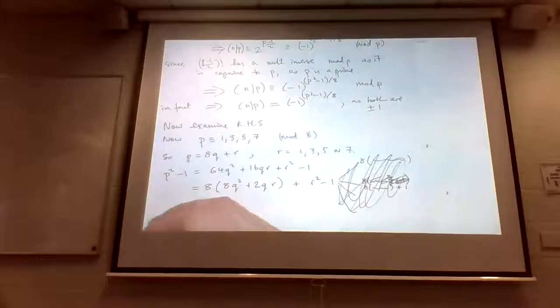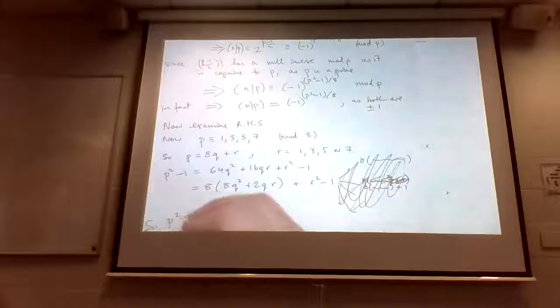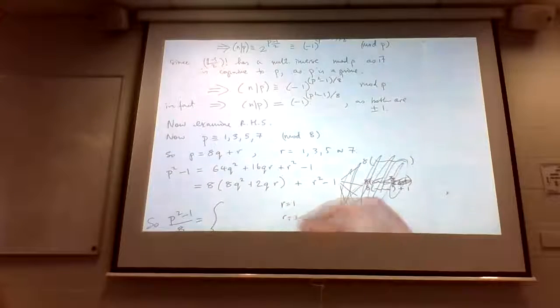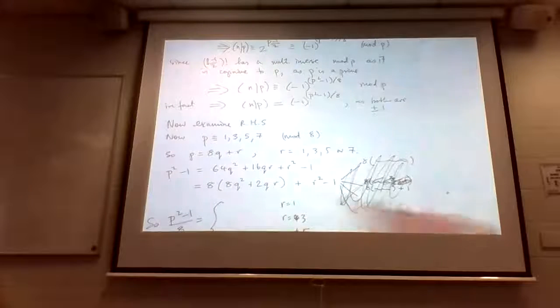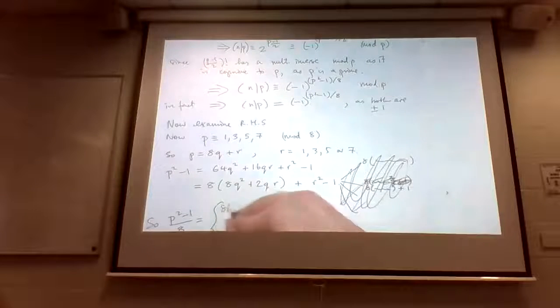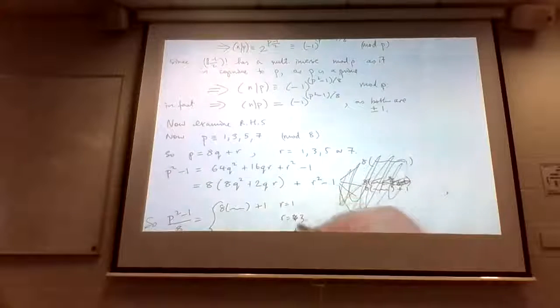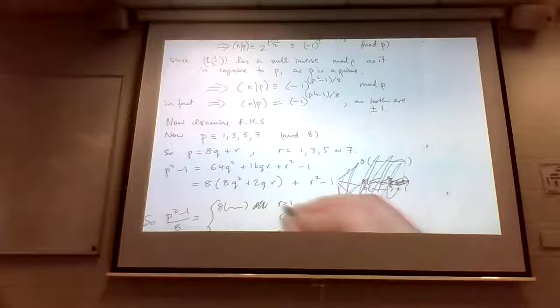Sorry, that's not a good way to lay it out. So p squared minus 1 over 8 equals, let's lay it out this way. This is r equals 1, 3, 5, and 7. When r is 1, we get 8 times the bracket.